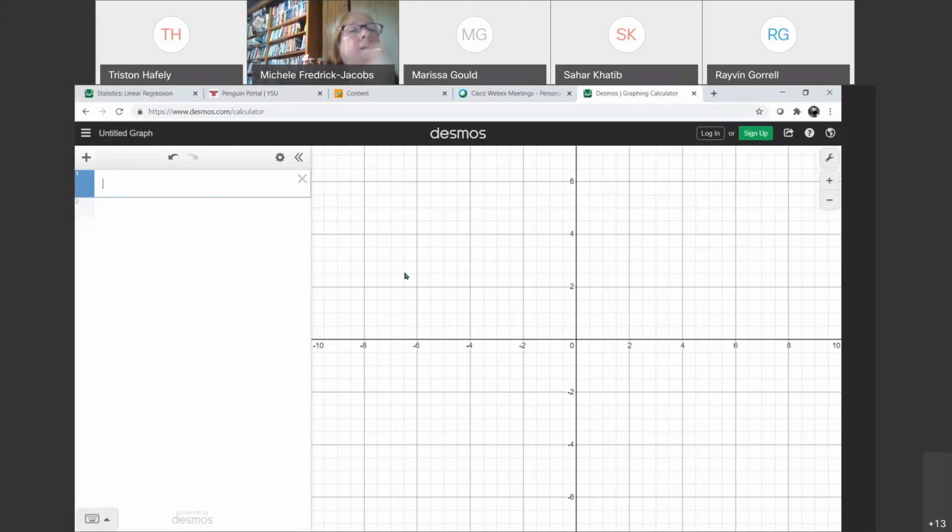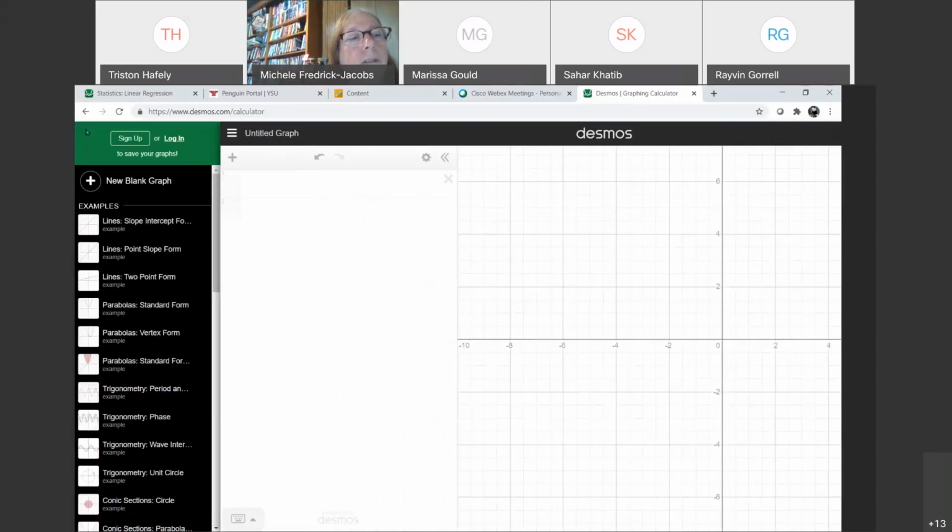Yeah. Okay. Now to get scatter plots, you want to click on the 3 lines at the top left. And we need to go down to statistics. If you're fine with Excel, you do not have to use Desmos.